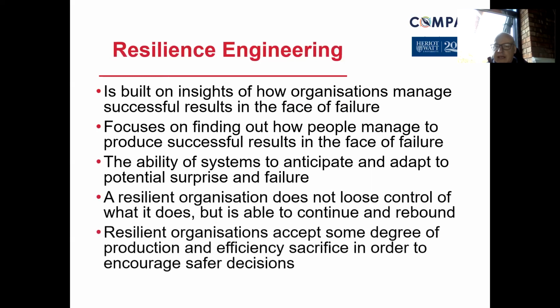And therefore, resilient organizations accept some degree of production and efficiency sacrifice. Perhaps they've got it right. You know, the balance between safety and production, and putting more time working with people on their behaviors, the operatives, for example, in high-risk areas, to make sure that the human element is adequately controlled, but also in terms of design and interface with the humans, it's less likely that people can make errors or violations, the deliberate problems.